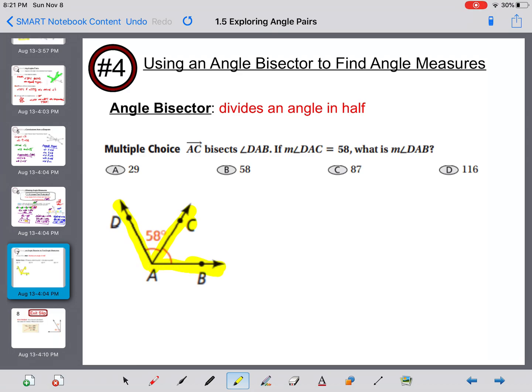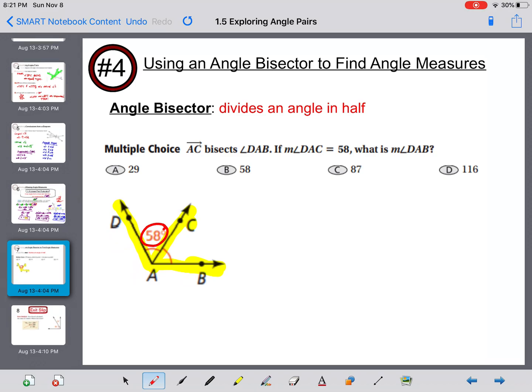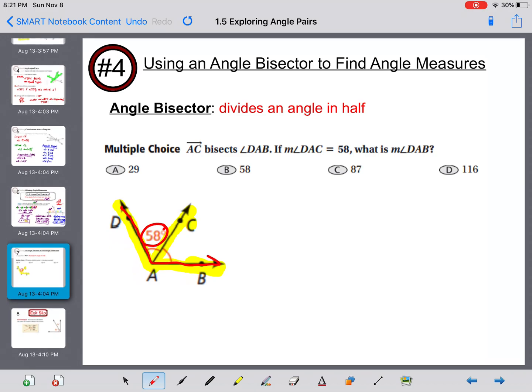If the measure of angle DAC is 58 degrees, what is the measure of angle DAB, the entire angle? So we know that AC is an angle bisector, which means that DAC is congruent to angle BAC.